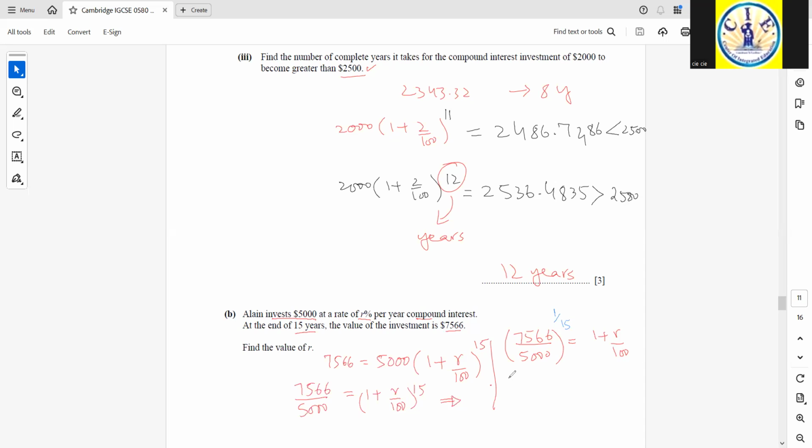And then I need to shift the 1 to this side, so 7566 divided by 5000 whole to the power 1 by 15 minus 1, and then I would be multiplying it with 100 to have the value of R. Solving it out using the calculator we get the answer to be 2.799, and that is almost 2.80. So R is like this.